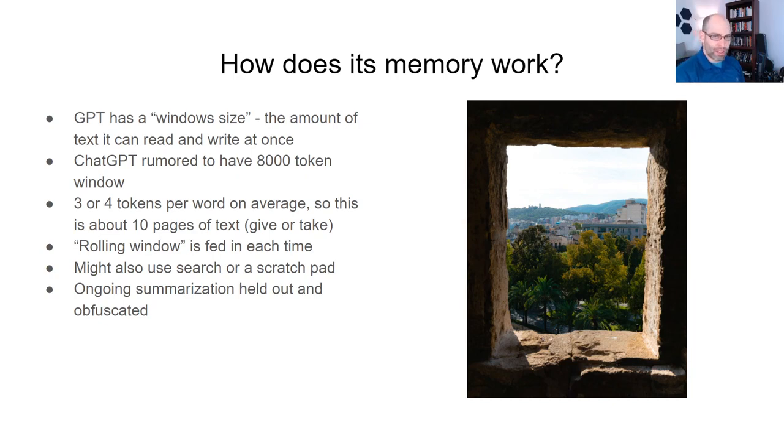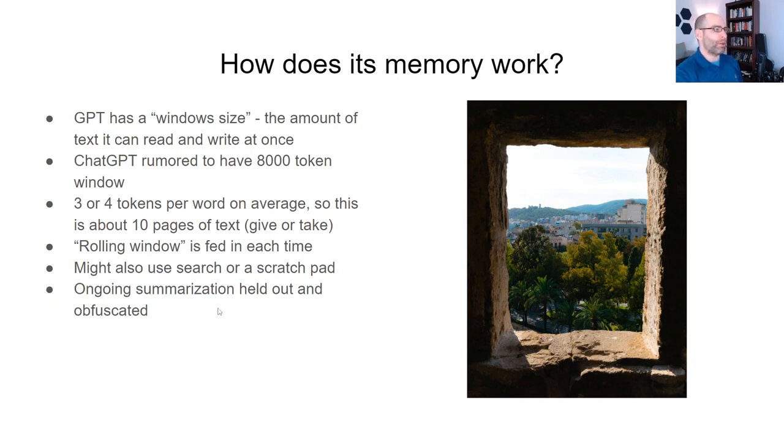So the most obvious way is that ChatGPT just has what's called a rolling window, where it reads the last 10 pages of your chat, which if you have a short chat, that means it can read the entire chat log and continue the conversation, with the same paradigm of autocomplete, of just predicting the next text, because it has read lots and lots of chat logs, and it has a particular pattern that it follows where it gives very, very verbose responses.